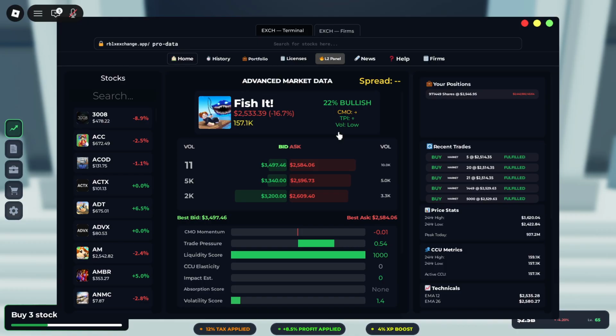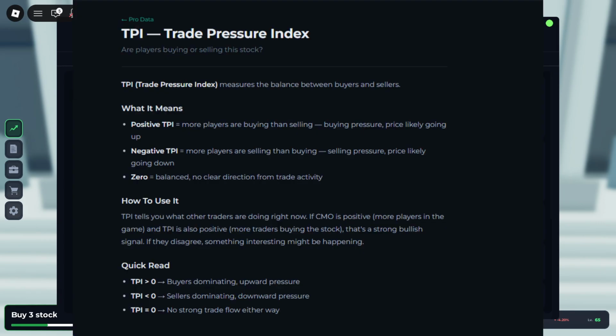And all these things are changed by players buying, players selling, and people leaving and joining the game. Now we will go into the trade pressure, or TPI, as you can see right here next to the CMO.